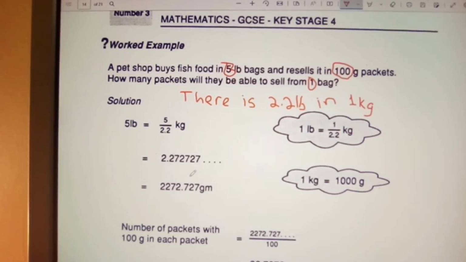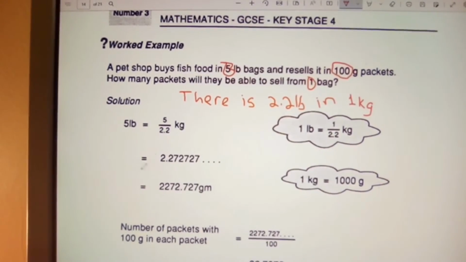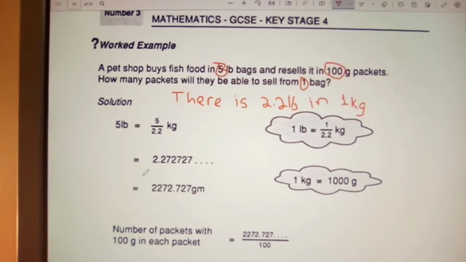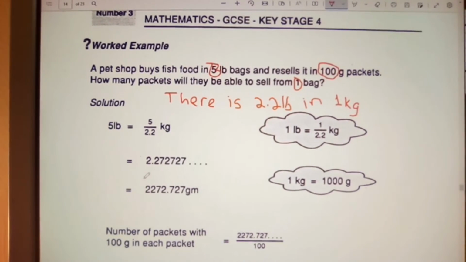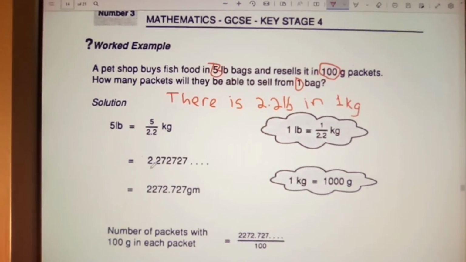Okay, but 1 kilogram equals 1,000 grams. So we have here 2.2 kilograms, and we want to bring this to 1,000 now.